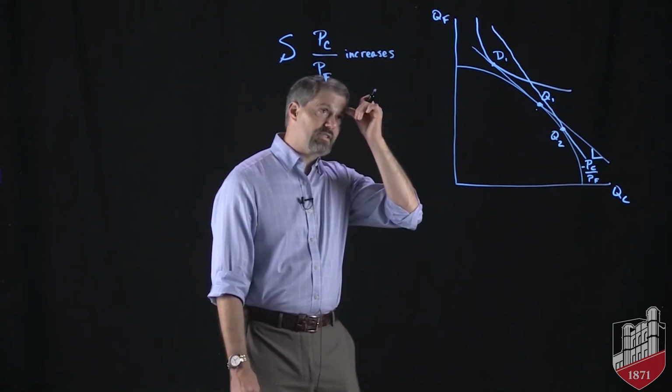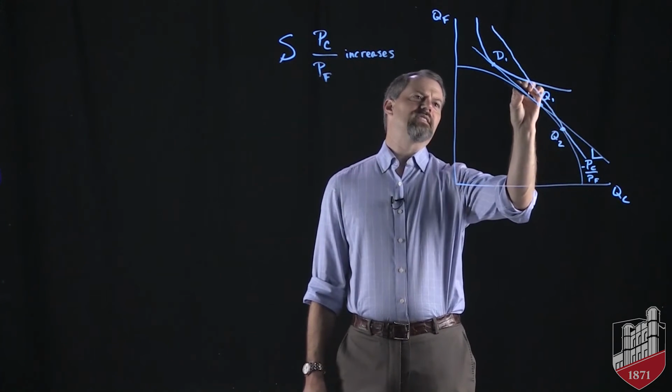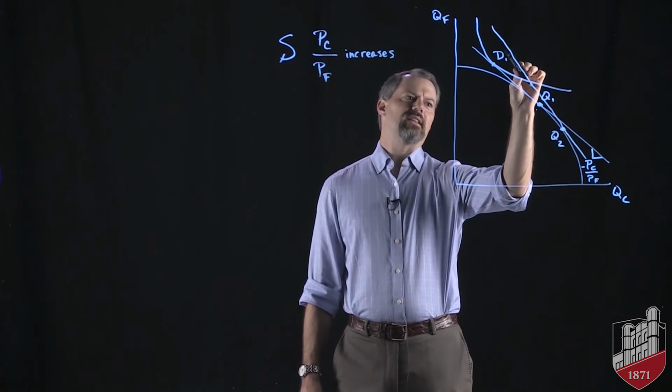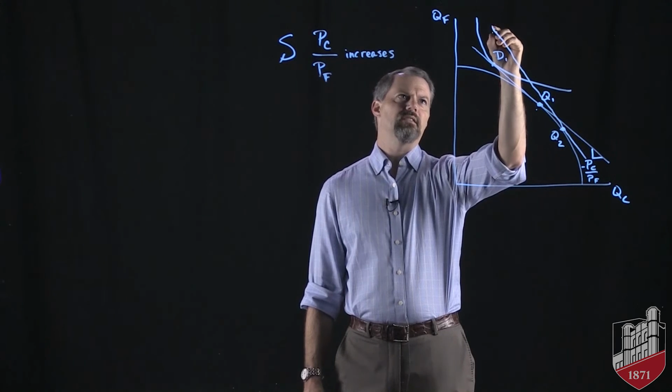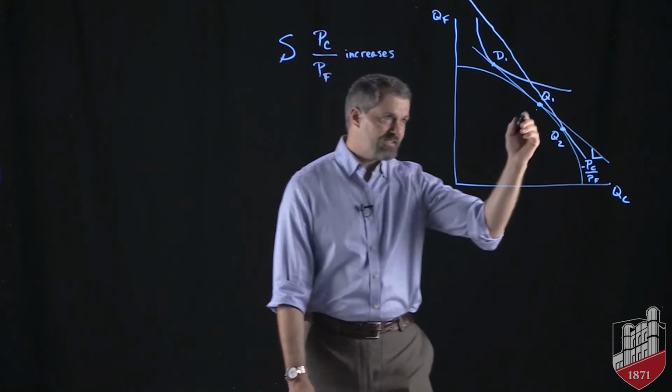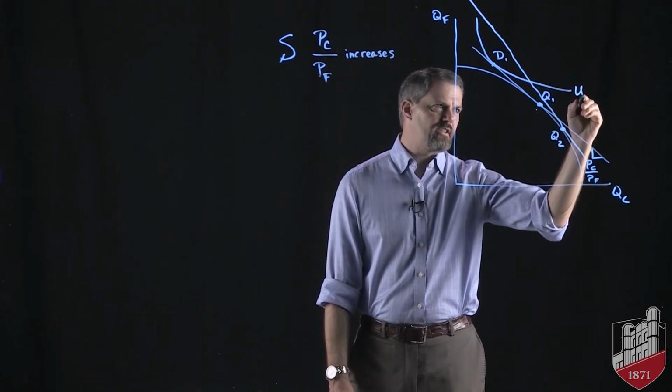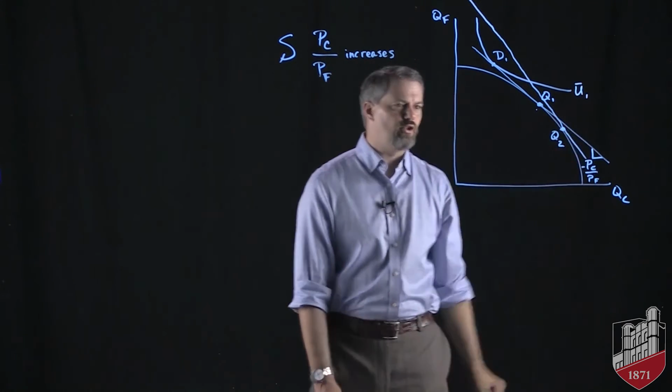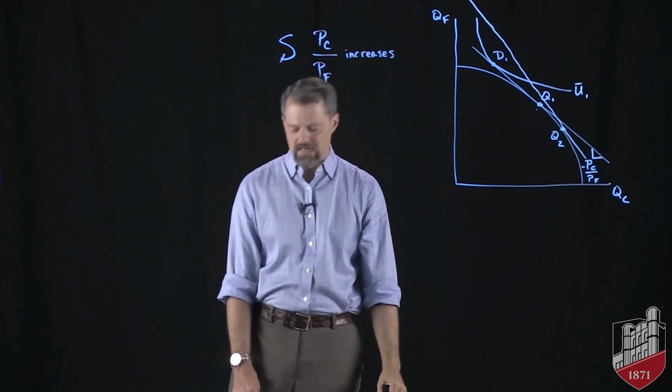So now notice that because this ISO value line is pivoted up like this, I'm going to extend it out here. Notice that the consumer, let's label the amount of utility that the consumers got U1. That's their initial amount of utility.